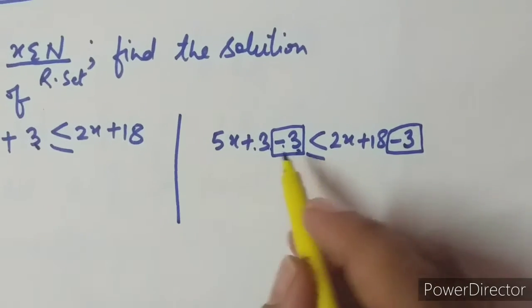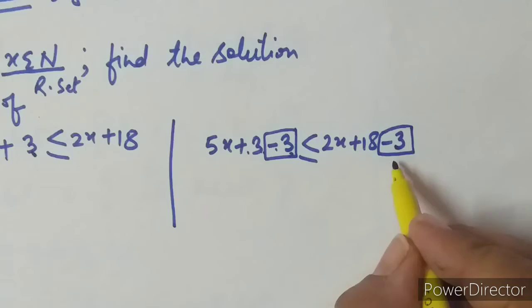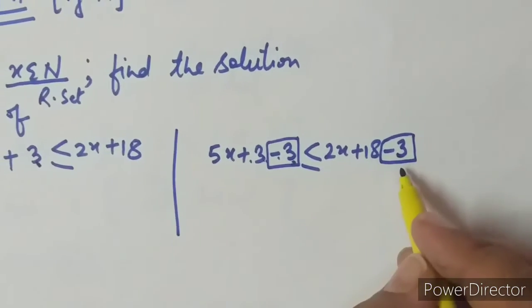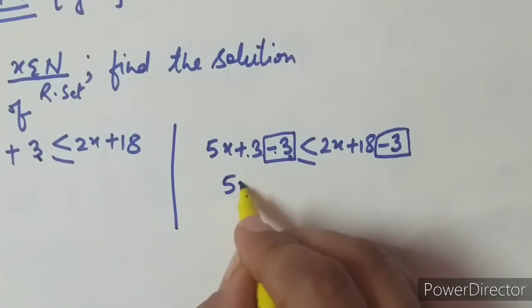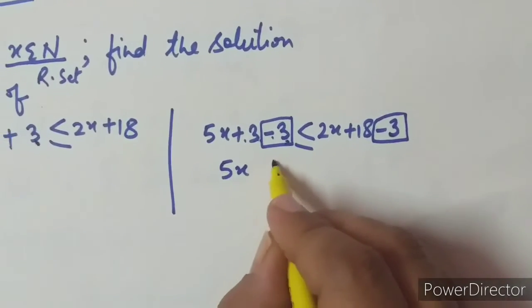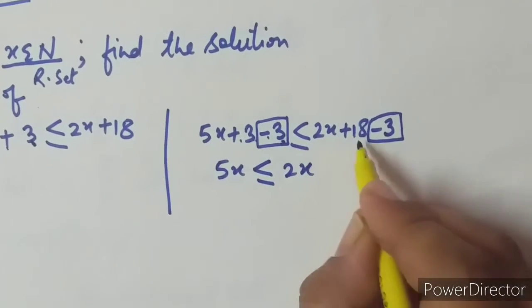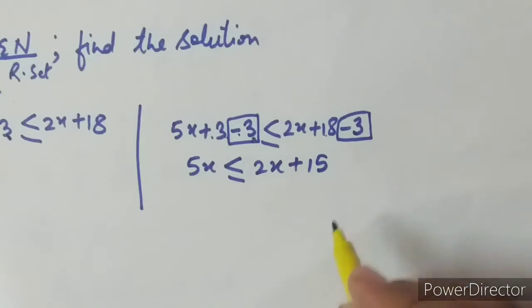And do you remember that if we do one operation on one side, equally we have to do the same operation on the other side, so that the overall effect is null. With this operation we remove plus 3, so nothing is left here. 5x ≤ 2x + 18 − 3, which gives us plus 15.